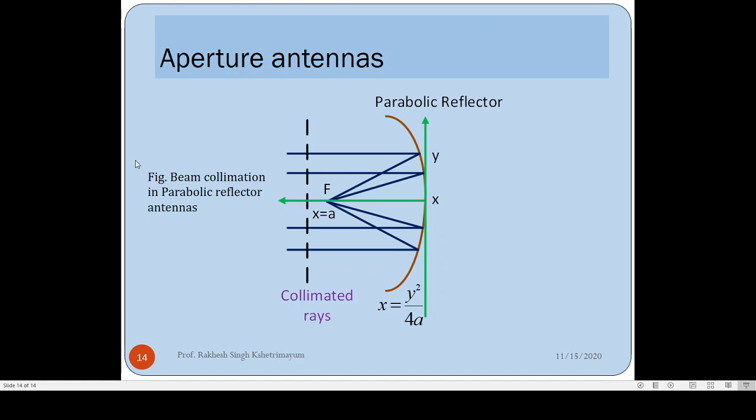So now if we assume that some plane, parallel rays are incident on this parabolic reflector, this ray will get reflected back and it will come to the focus. Again, this ray which comes here, it will again go to the focus. So all the parallel rays which are coming to a parabolic reflector will focus at the point which is denoted by capital F here.